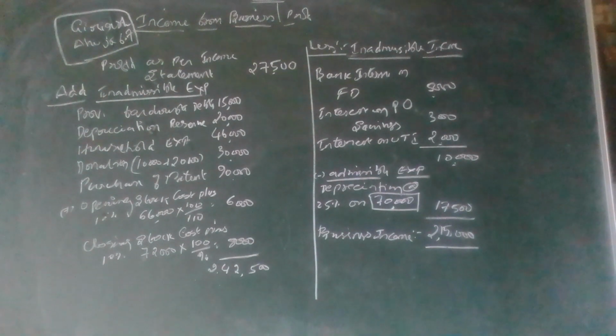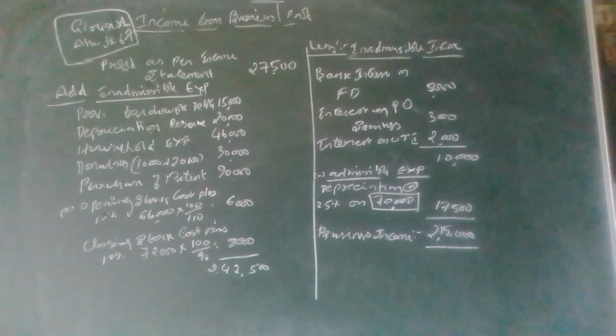So closing stock is undervalued, your credit items are undervalued. That tends to decrease your profit. So that's why we are adding the value of closing stock, the undervalued closing stock value should be added back with the profit.